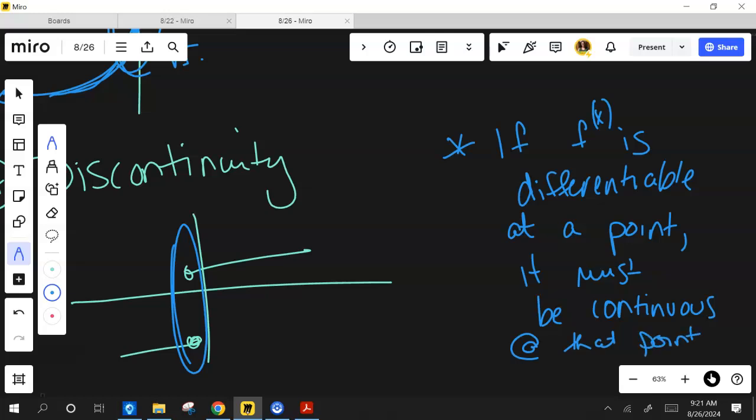Yes, we have to prove continuity. If we prove differentiability, we have proved continuity, because in order to be differentiable at a point, it must be continuous. So you can use differentiability to establish continuity as well, and you can say because the function is differentiable at this point, it therefore must be continuous also.